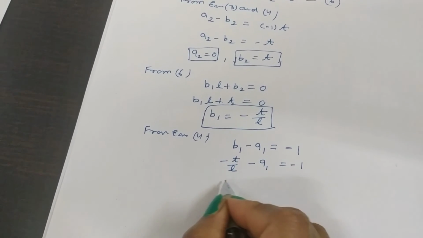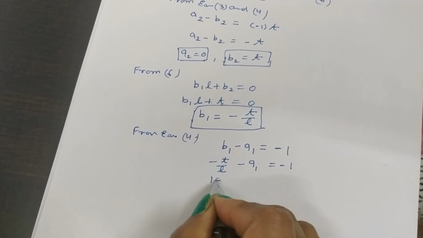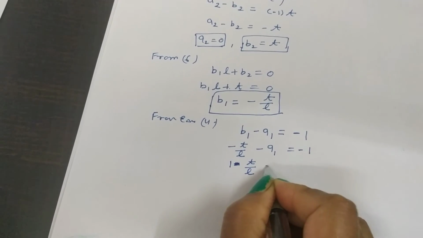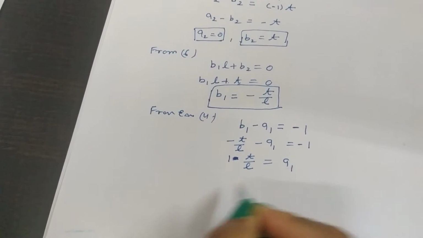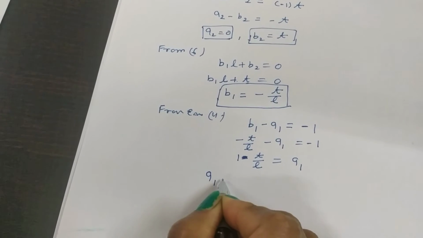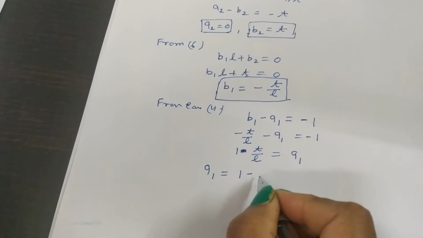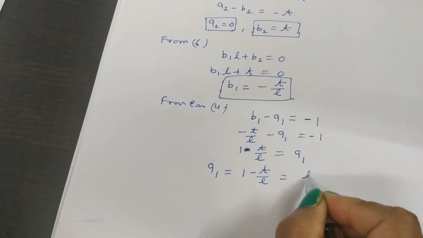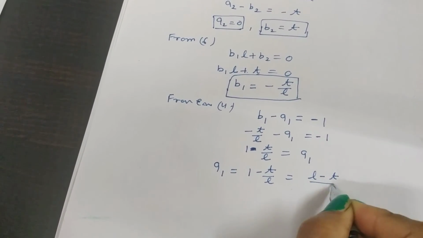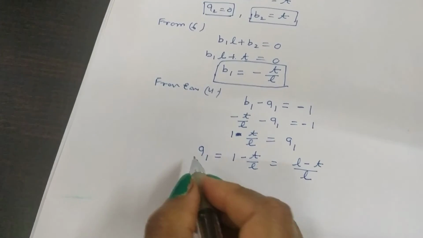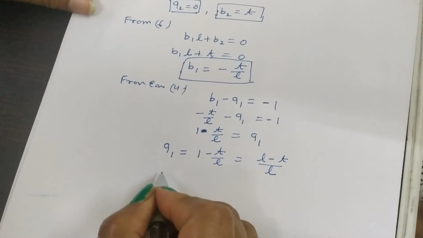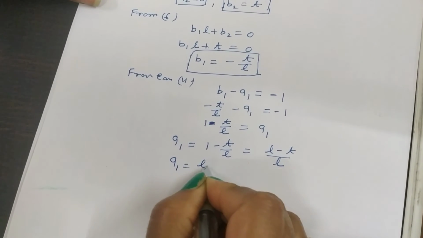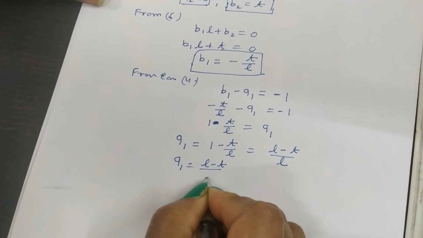So a1 can be written as 1 minus t by L, that is a1 is equal to (L minus t) by L. You have obtained a1.